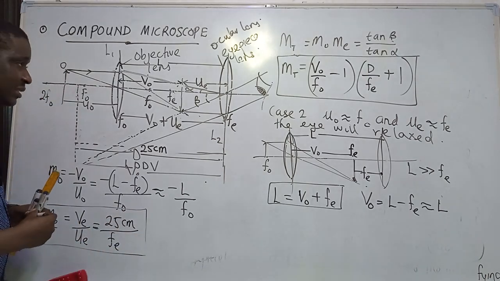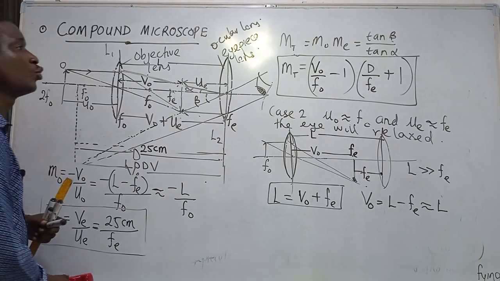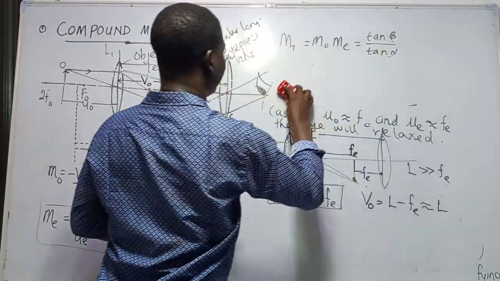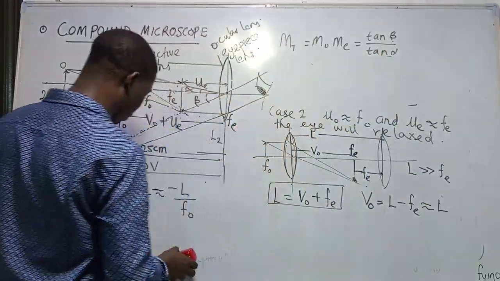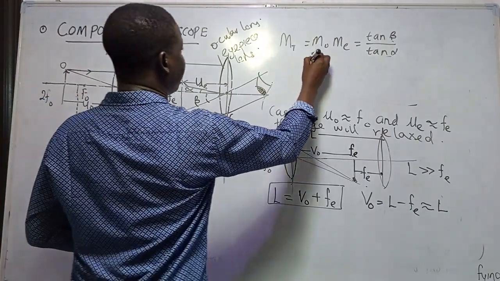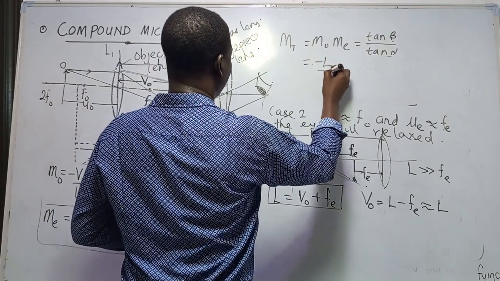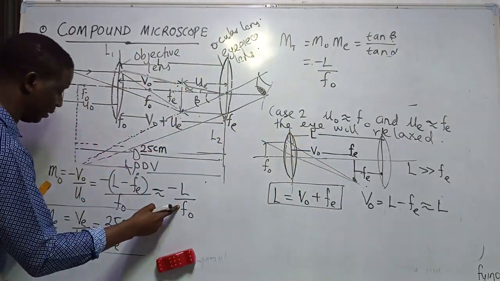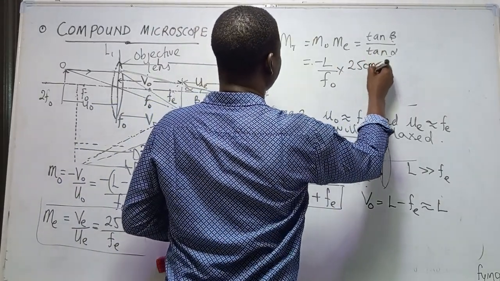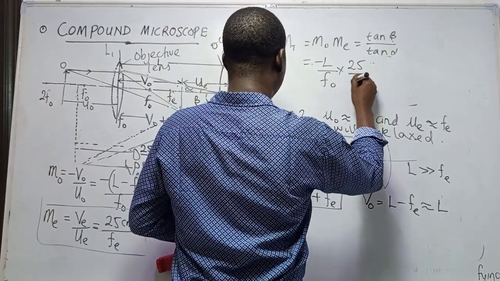Now, if you want to get the total magnification according to the analysis, the total magnification will be this times this. So total magnification will be minus L over F naught, which is this for the objective, times 25 cm, or 25 over Fe.